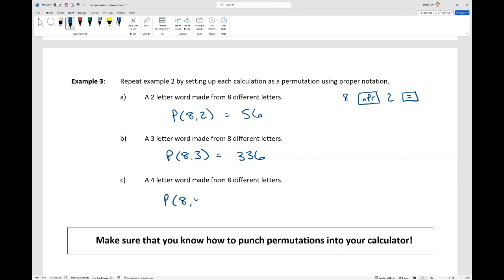And 8 pick 4 is 1680, the same as it was before.